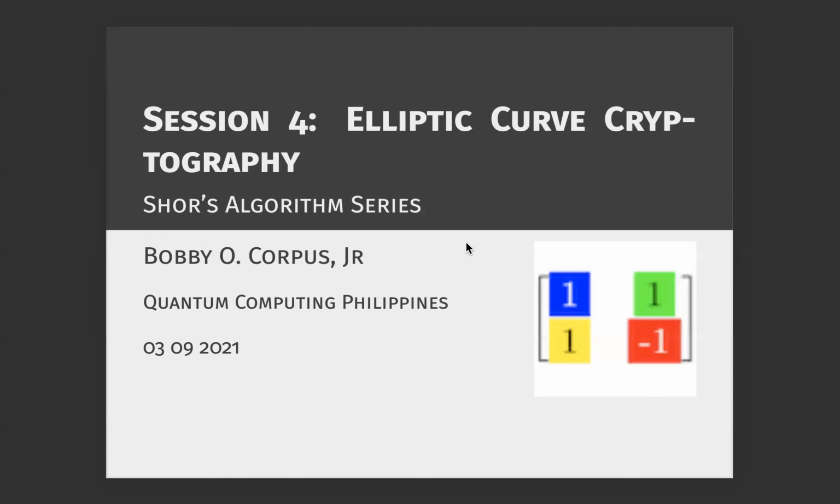For example, 256 bits of key in elliptic curve cryptography, or ECC, is equivalent to 3072 bits of RSA.